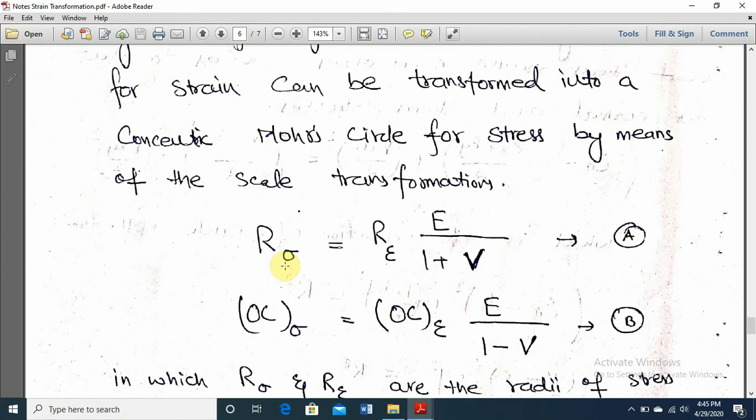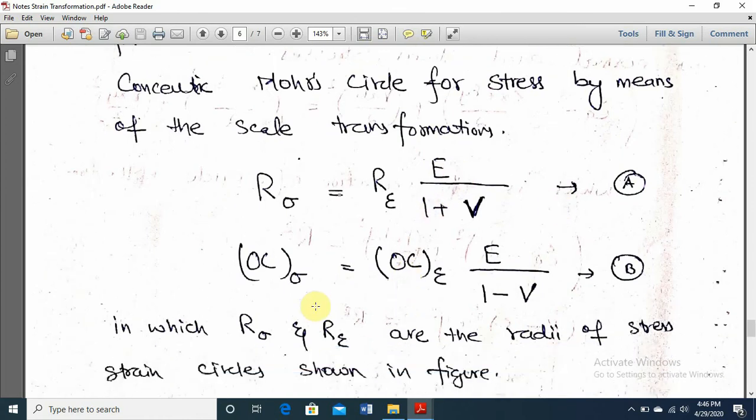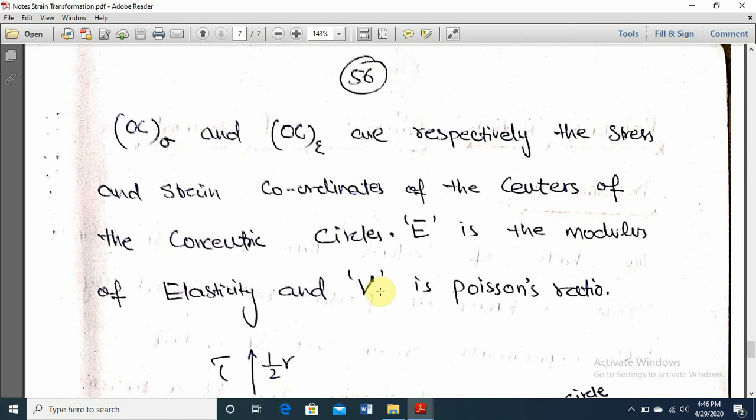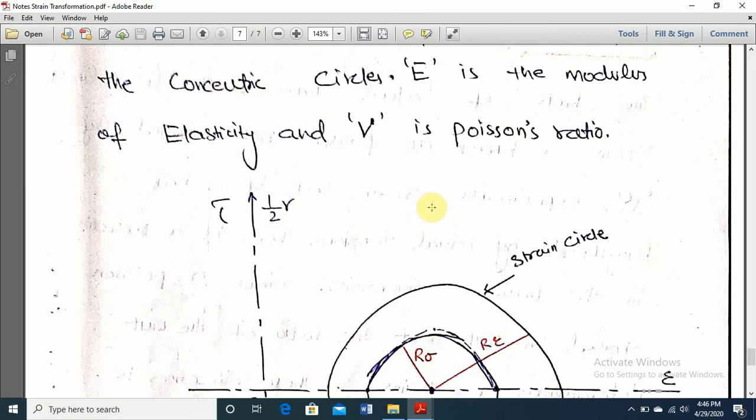Radius of a stress circle will be equal to radius of a strain circle multiplied by E, which is the modulus of elasticity, divided by 1 plus mu, and center of stress circle will be equal to center of strain circle multiplied by E divided by 1 minus nu, in which R stress and R epsilon are the radii of stress and strain circles shown in figure, whereas OC sigma and OC epsilon are respectively the stress and strain coordinates of the centers of the concentric circles. E is the modulus of elasticity and nu is the Poisson ratio.